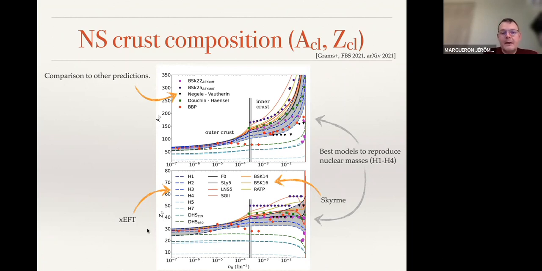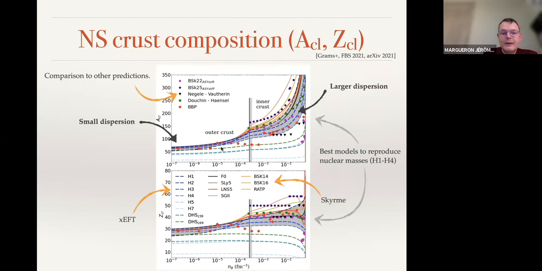Some of them are pretty old. This is the BBP that I was mentioning before, or the Douchin-Haensel, or the Negele-Vautherin, and some of them are pretty recent. These are the BSk calculations.